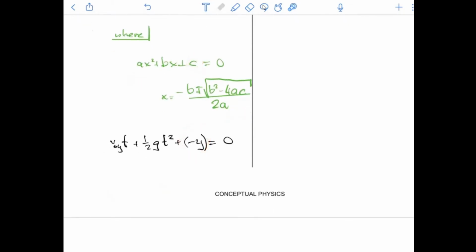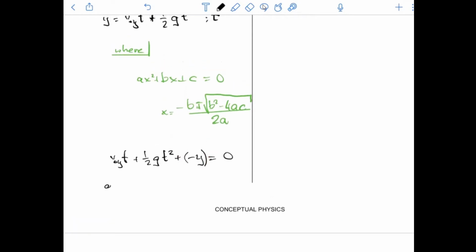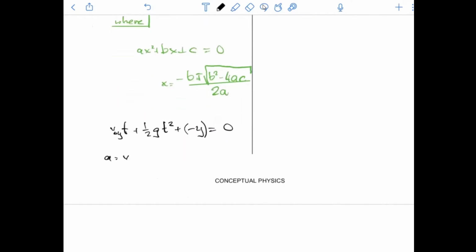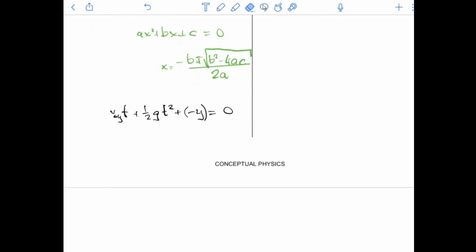So I got my A. I got it right, but the order of the terms is wrong.